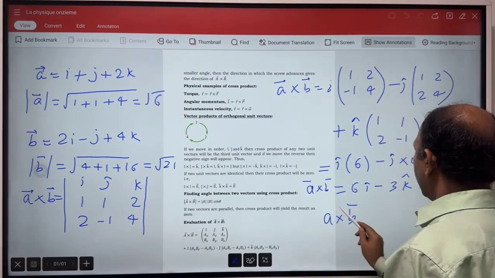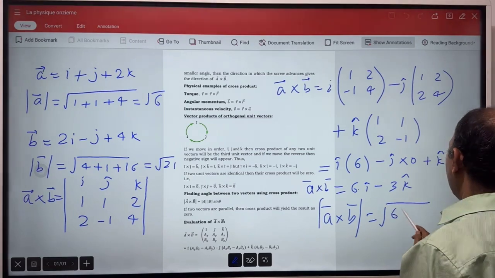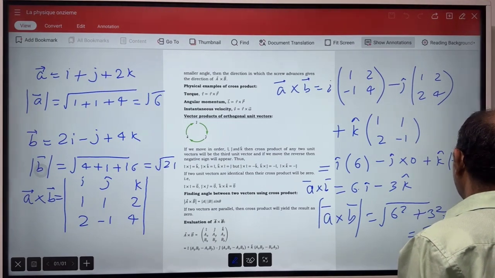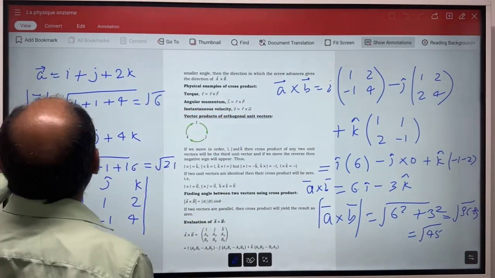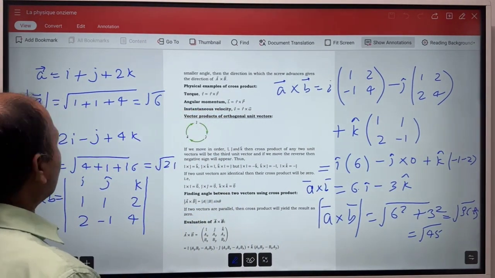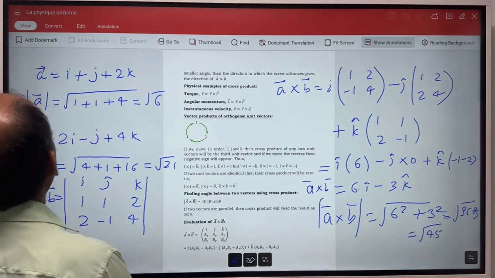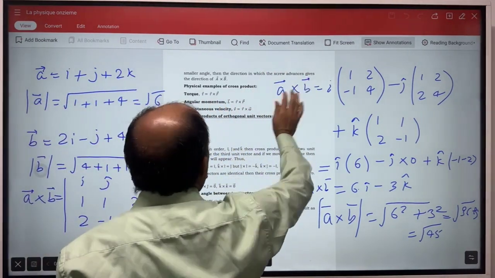Now the modulus of A cross B will be equal to root of 6 square plus 3 square. This will give 36 plus 9, that is root 45. So we have got the values of modulus A, modulus B, and modulus of A cross B. Then we can apply the formula. What is the formula?